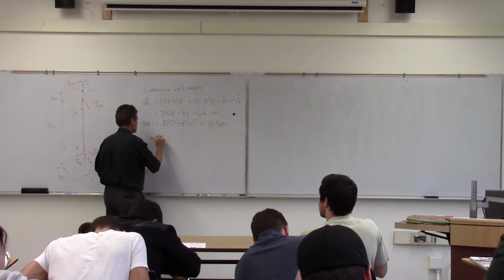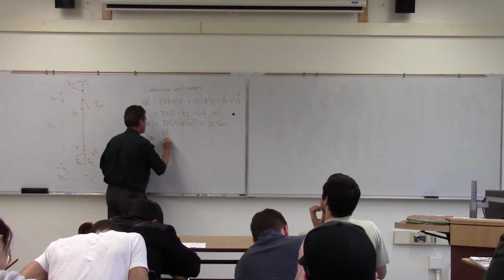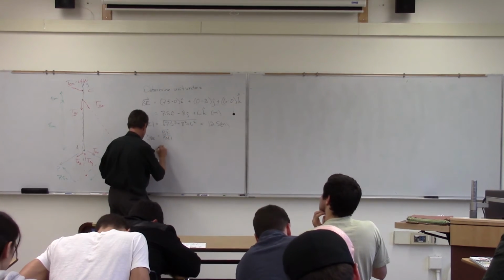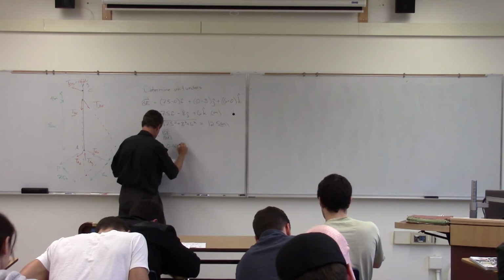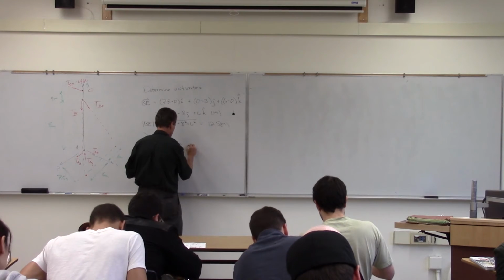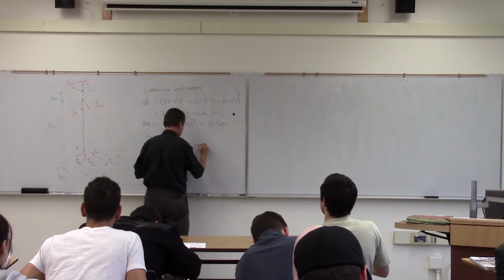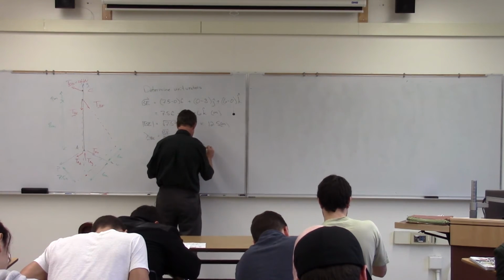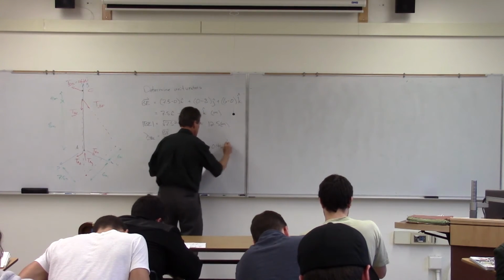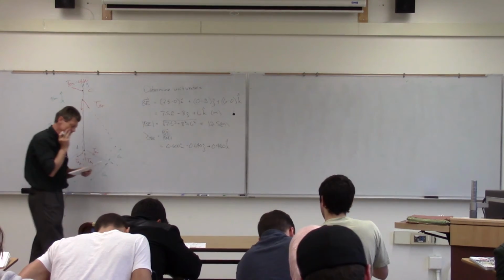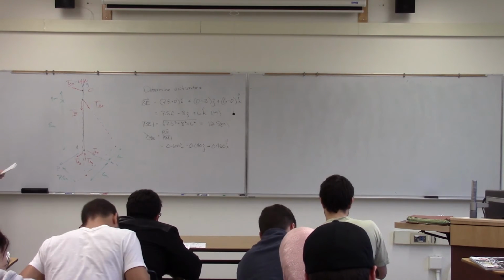Then my unit vector is simply the vector BE over the length. And then creating my unit vector, I just divide all of those numbers by 12.5.